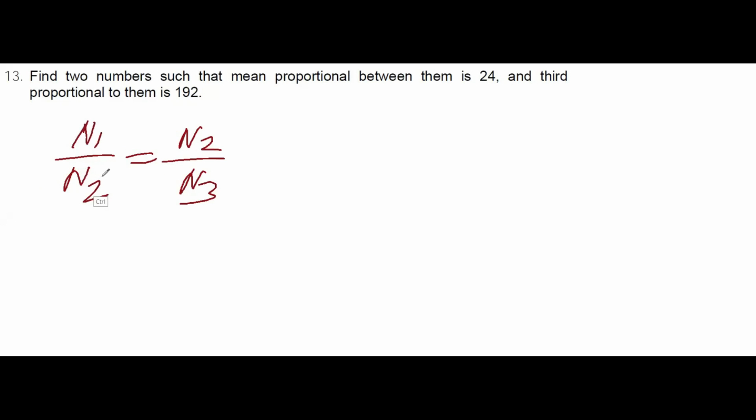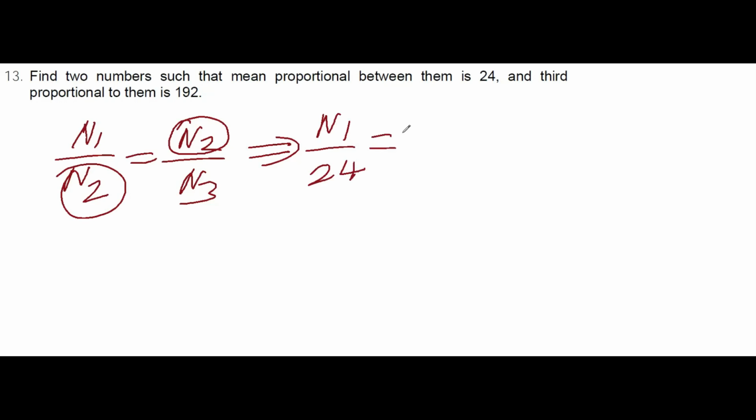So it says the mean proportional between the two numbers is 24, which is given to me between these two numbers. So I am going to write n1 by 24 equals 24 by n3. And it says the third proportional of them is 192, so I need to write 192 here. This is the third proportional.